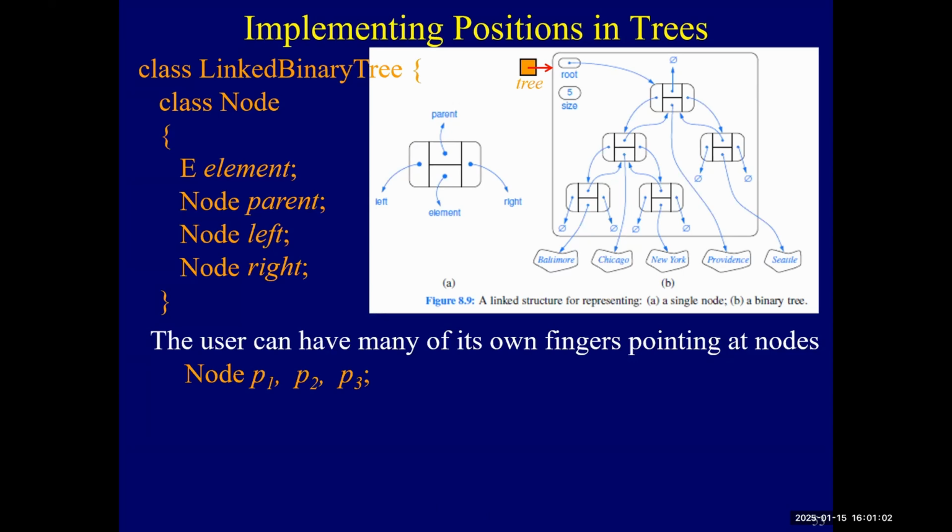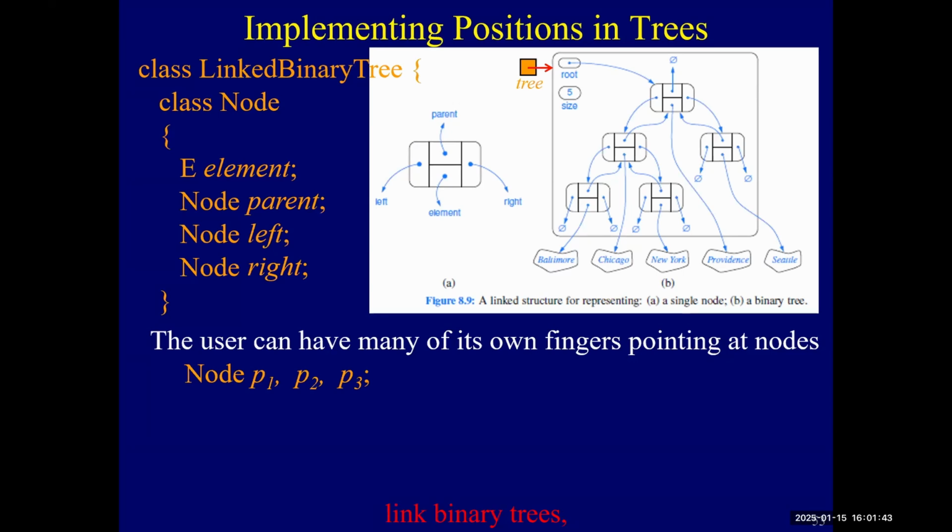I remember I told you the empty tree is a perfectly good tree, which allows that every node has a left child and a right child, and one of those children might be the empty tree. So you can see the little nulls, those little circles with the line through it. That's another symbol for the null symbol. It's pointing to the empty tree, and you can see the data is various cities.